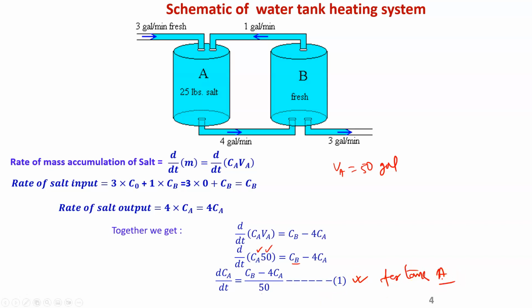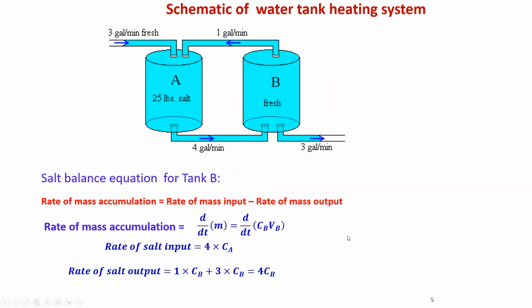Now similarly we have to do the mass balance for tank B. For tank B, again, rate of mass accumulation is equal to rate of mass input minus rate of mass output.